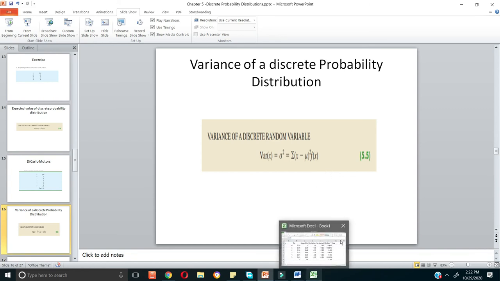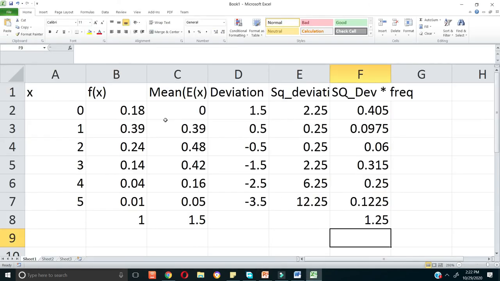Again, this is very similar to what you do for grouped data. For grouped data, usually the x is going to be the midpoint. In this case, you're taking the x as it is. Then you get the deviation as usual, get the squared deviation, and then the sum of the squared deviations.